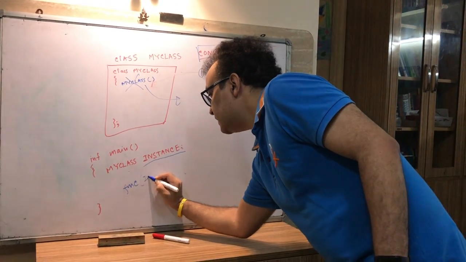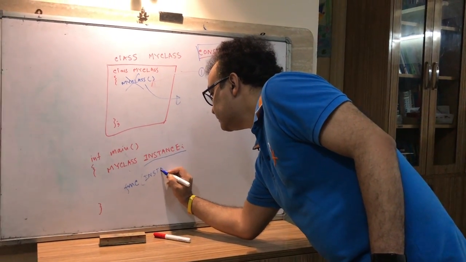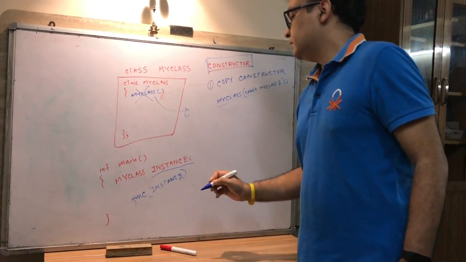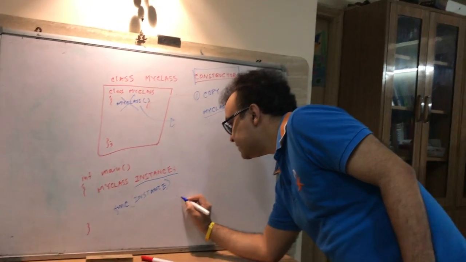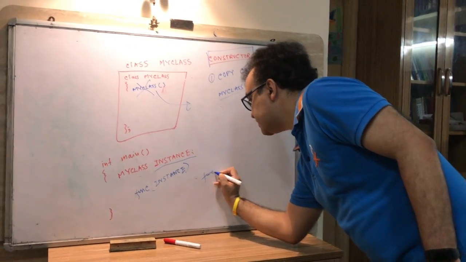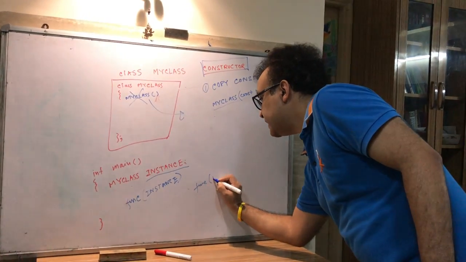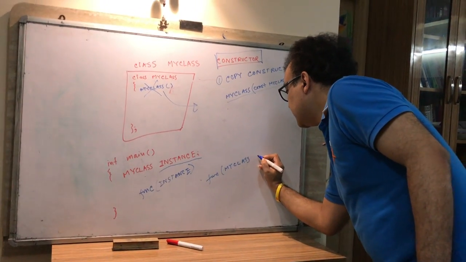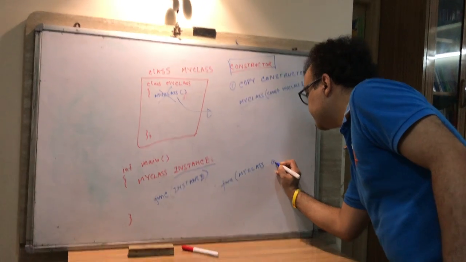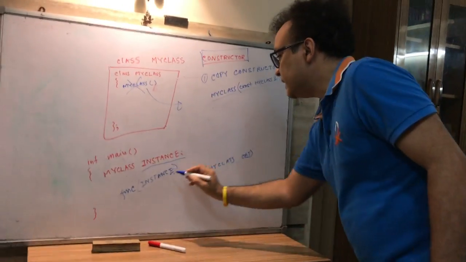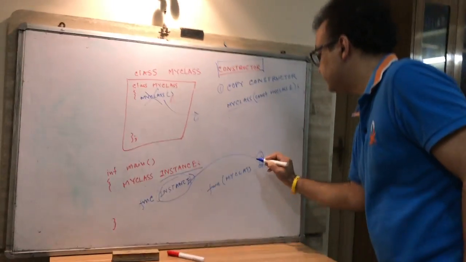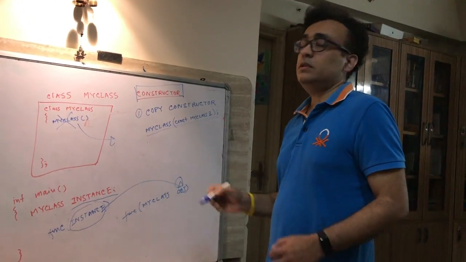We pass this instance, and you have a definition of this function somewhere where you must be writing this as MyClass and some object. So here basically we are copying this instance to this object. Then this copy constructor is called.